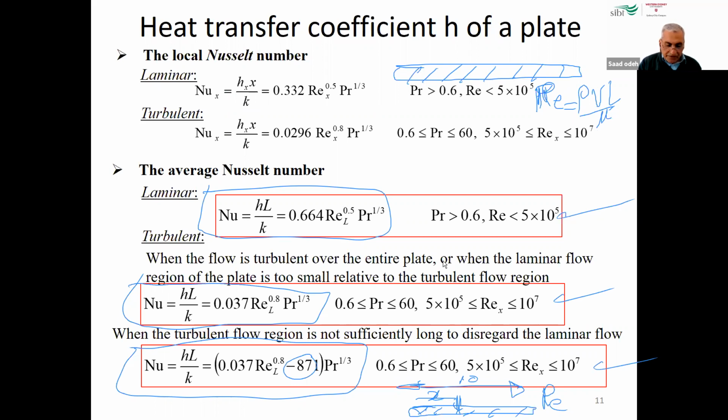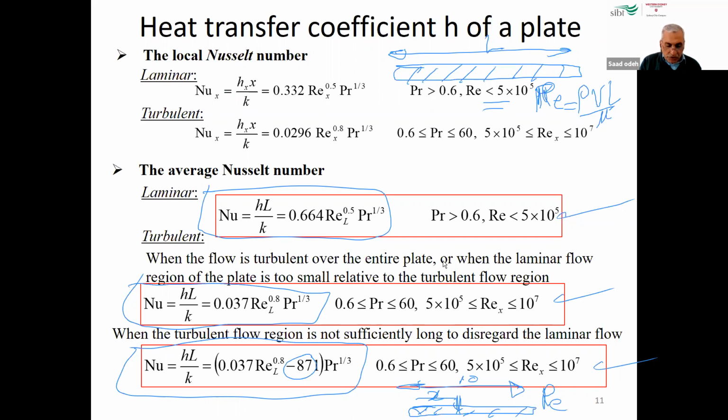So if I put L, the whole length, and I find that Re is less than 5 times 10 to the power 5, it means laminar, correct?